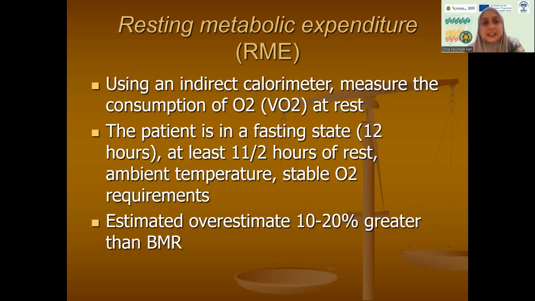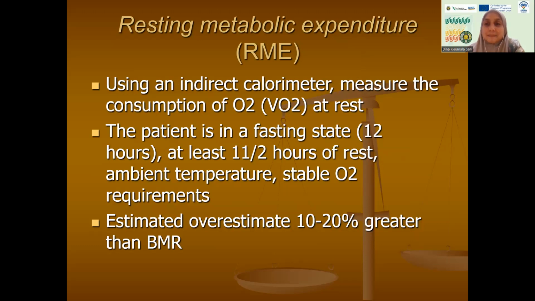Resting metabolic expenditure, or RME, we can measure using an indirect calorimeter, by measuring the consumption of oxygen, or VO2, at rest. The patient is in a fasting state of around 12 hours and has at least 1.5 hours of rest, with stable ambient temperature and oxygen requirement.